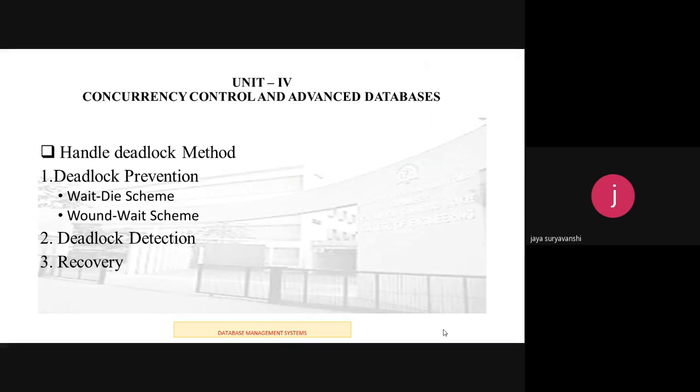Or, after a deadlock, try to recover from it by deadlock detection and deadlock recovery methods. So the methods to handle deadlocks are deadlock prevention, deadlock detection, and deadlock recovery. Okay, one by one we will go through how each of these works. First is deadlock prevention.